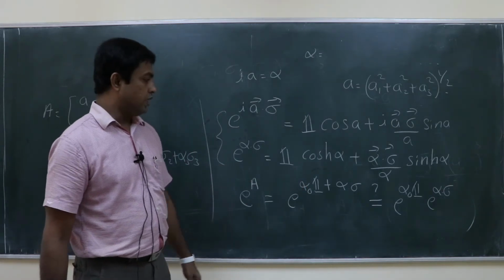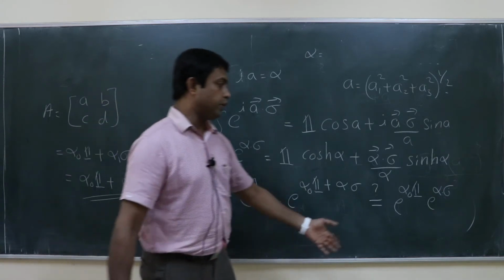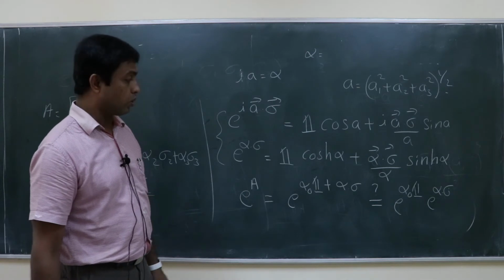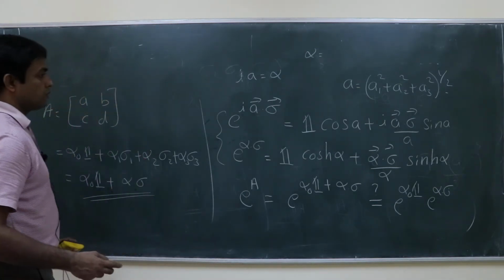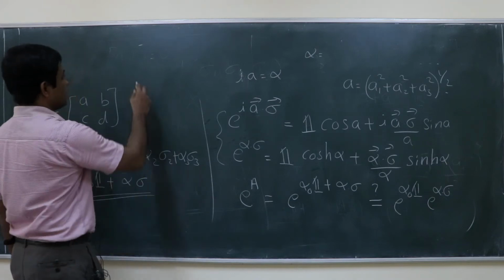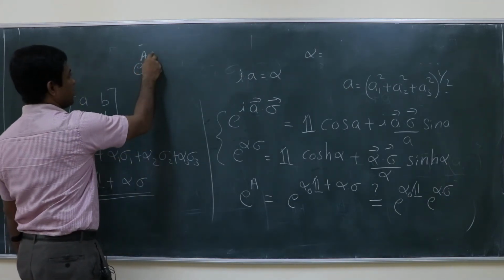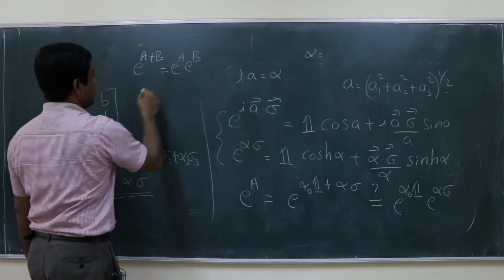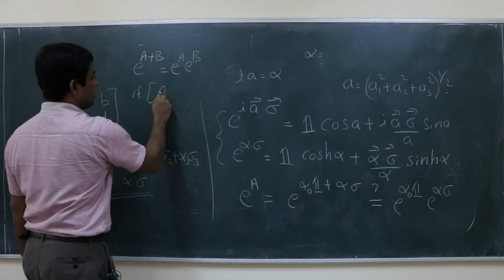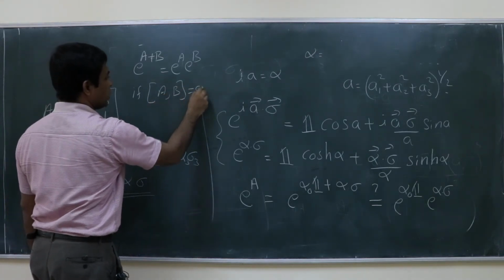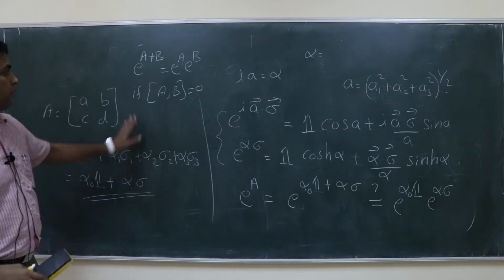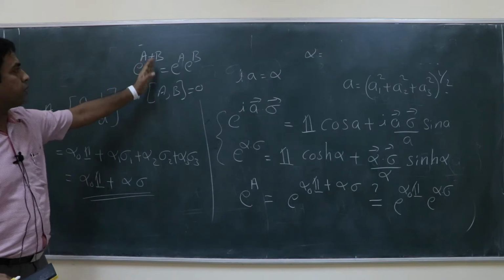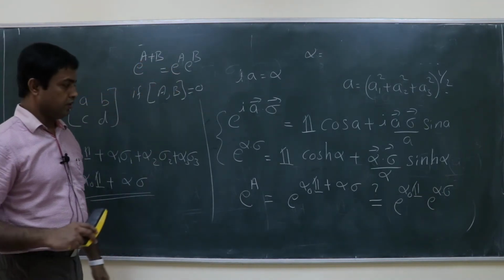For e power a plus b equal to e power a into e power b, the first thing you should check is the commutator. It holds if the commutator of a with b is equal to 0.